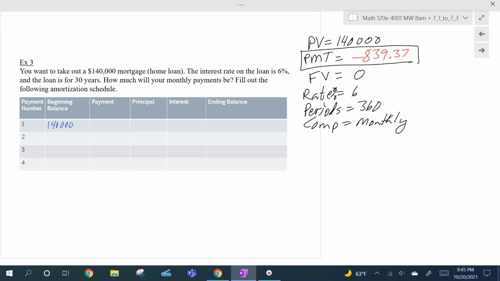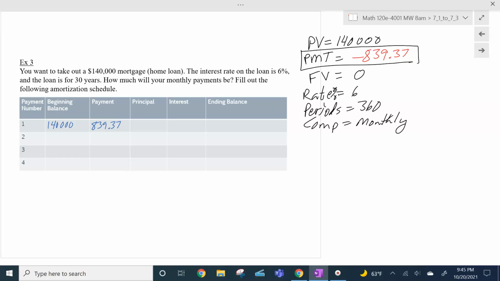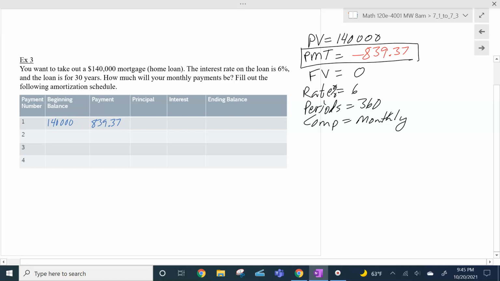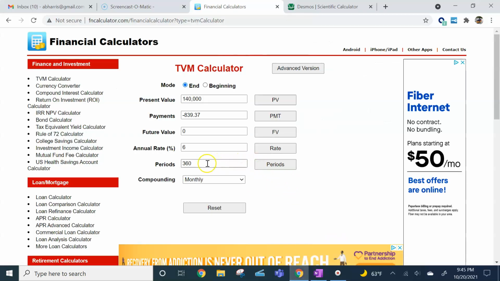The first payment is $839.37, right? We always make that same payment. We'll figure out the principal and interest after we figure out the first part, which is what's the ending balance here. So let's go to our financial calculator, and I'm going to make one payment.